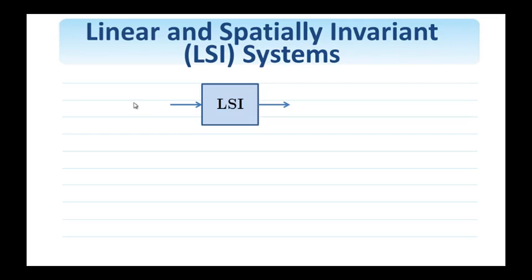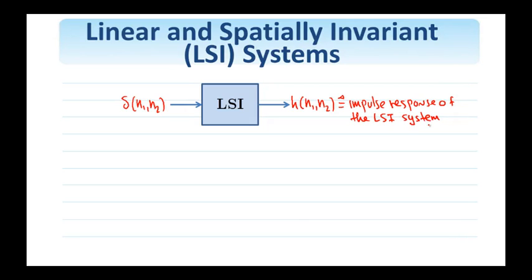As the name implies, if I put a delta at the input of such a system and measure the output, which I'll denote by h[n1,n2], this is the response of the system to an impulse, and we will refer to it as the impulse response of the LSI system.